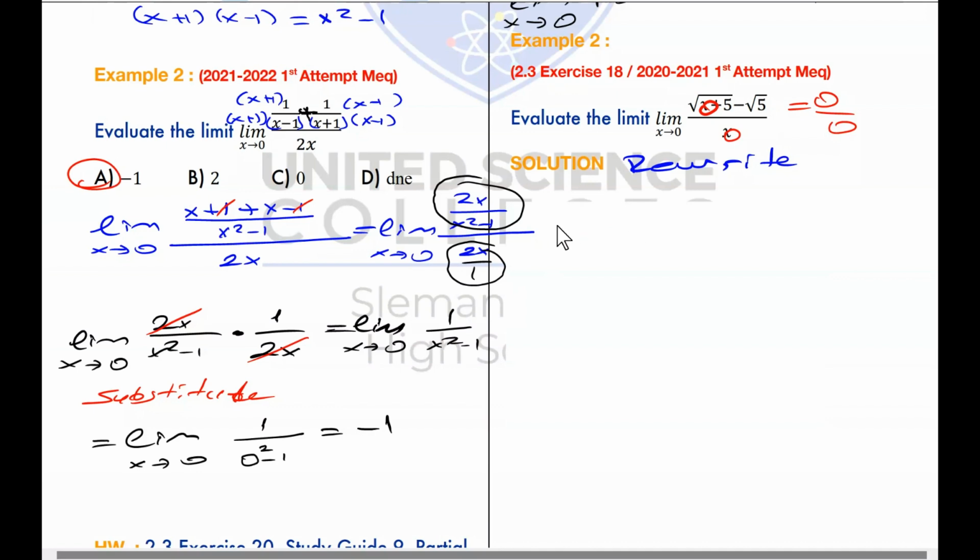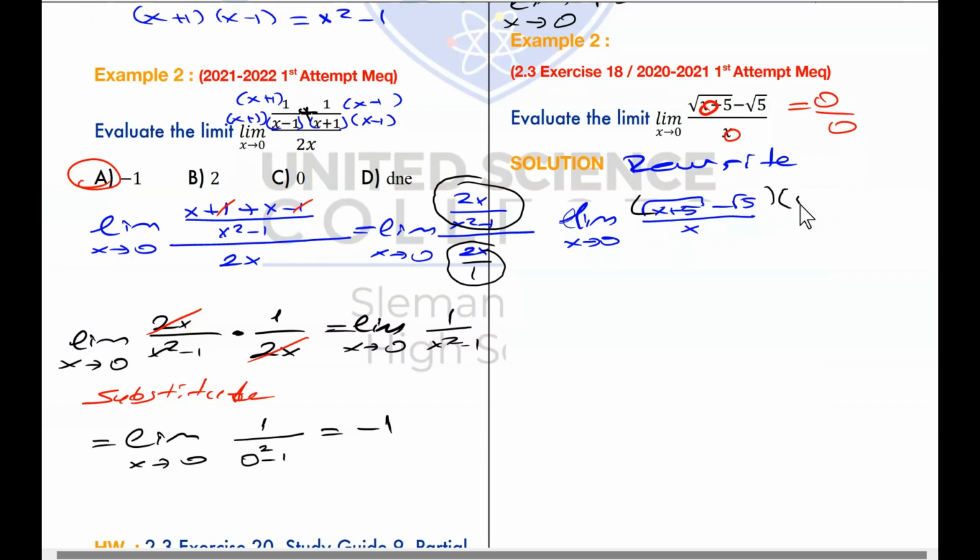We will multiply top and bottom by the conjugate of the top. So limit as x approaches 0 of square root of x plus 5 minus square root of 5, divided by x.